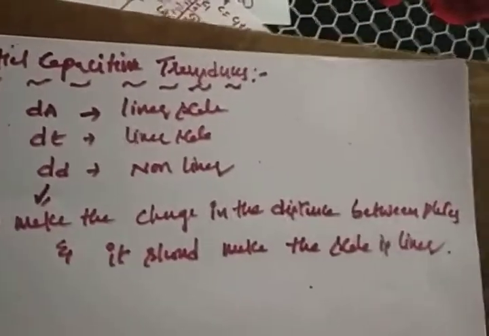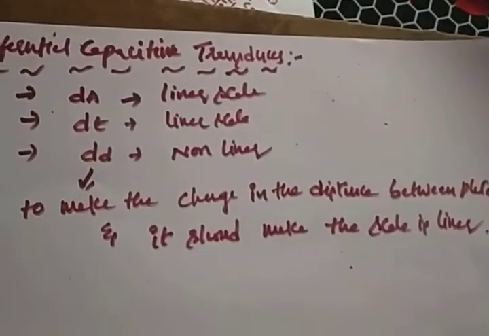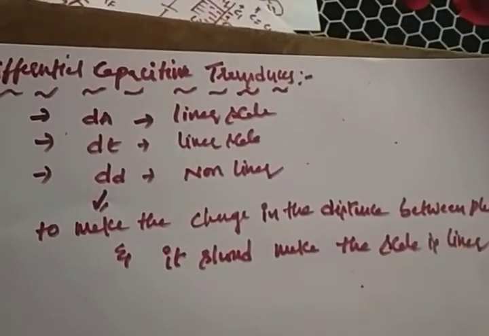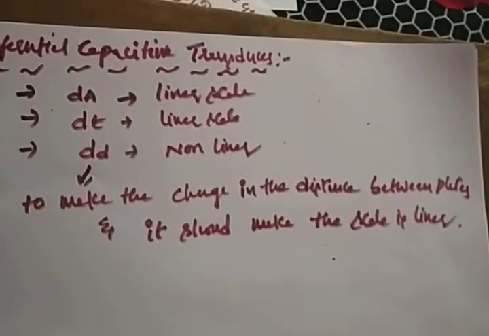Initially, by changing the distance between the plates you will get a non-linear scale. Alright, so the differential capacitive transducer can be used to make the scale a linear scale.